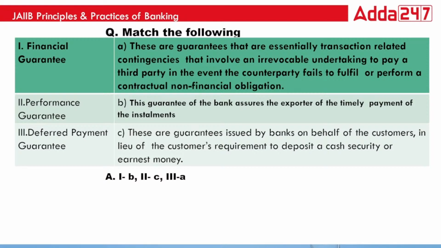B, this guarantee of the bank assures the exporter of the timely payment of the installments. C says these are guarantees issued by banks on behalf of the customers in lieu of the customer's requirement to deposit a cash security or earnest money. Options are 1A, 2B, 3A; 1C, 2A, 3B; 1A, 2C, 3B; 1C, 2B, 3A.